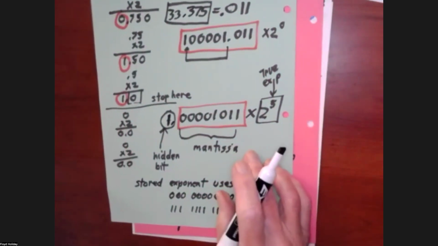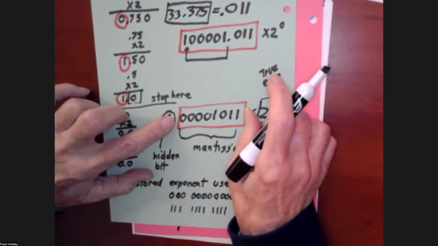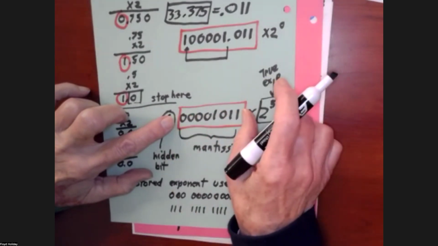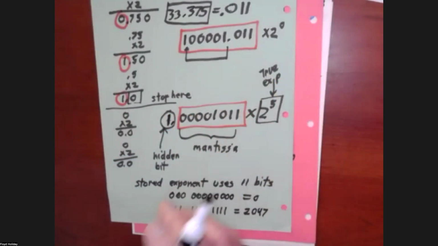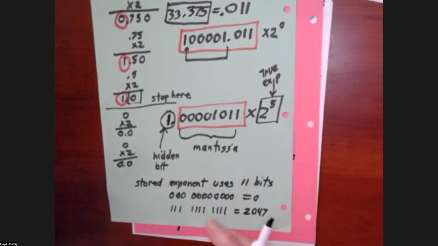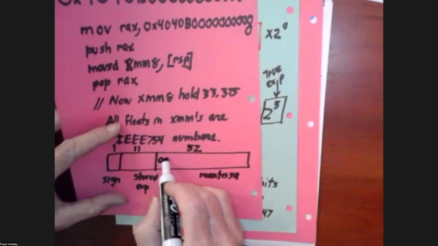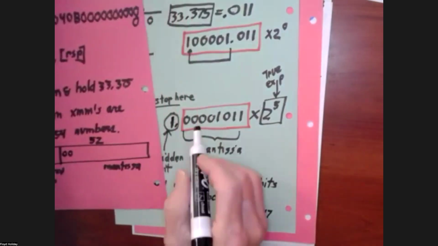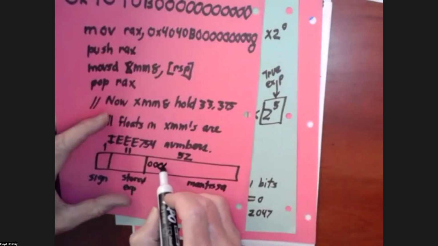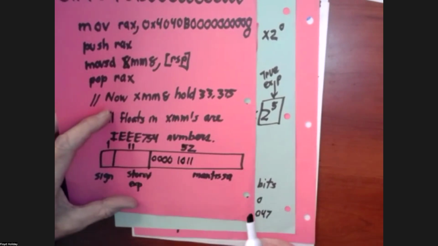Sometimes you have a short mantissa like ours here. It's only 8 bits, but the rest of the register is filled with trailing zeros. We end up here 0, 0, 0, 0, 0, 1, 0, 1, 1.